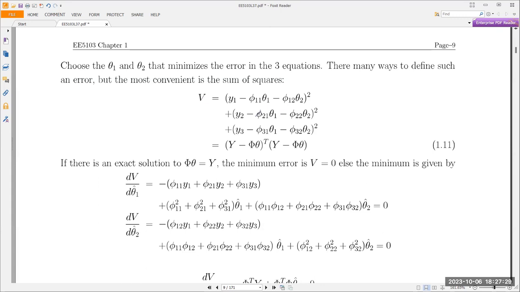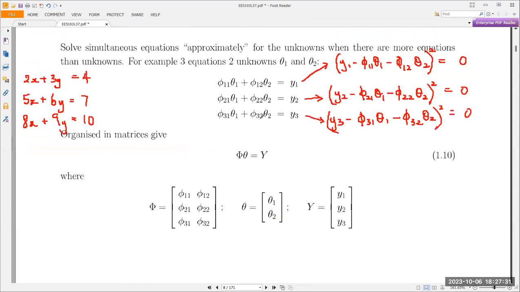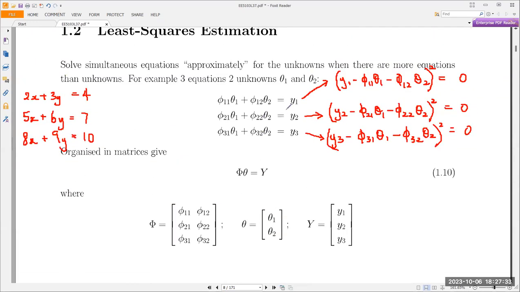Before I go on, here you can still write it out because there are only 3 equations. But you may deal with 1,000 equations or 10,000 equations, so you don't write like that. We will use matrices. So this one we put inside a vector and call it the y vector.